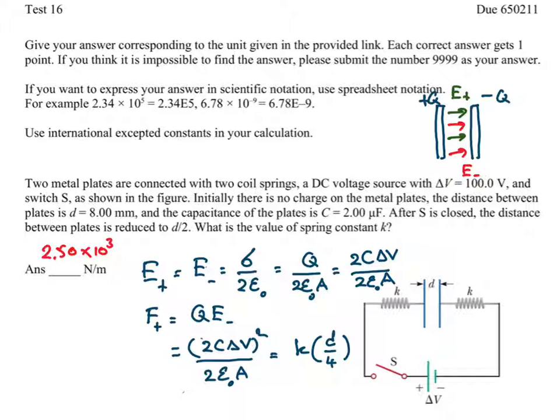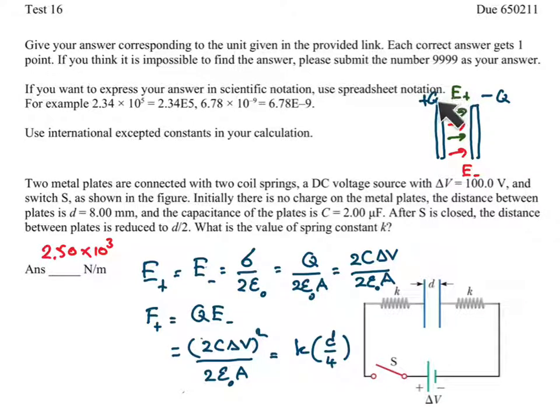It means that this electric field will exert a force on the charge. But the point is that the force on the positive Q comes from the electric field of the negative charge, E minus, and the force on the negative charge minus Q comes from the electric field of the positive charge.